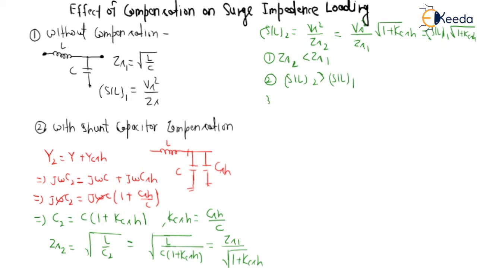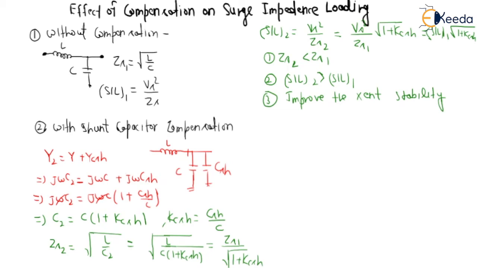And the third point we can see is that this will improve the transient stability. And now this is the shunt capacitor compensation.